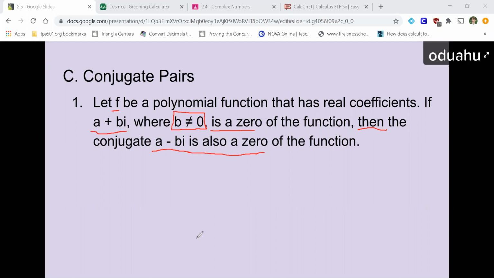The way we get those non-real zeros is by square rooting negative numbers. But every time you square root to solve a polynomial, you have to take the plus and minus square root, right? So what that means is that it's impossible to have just one non-real 0. That would mean you forgot to do the plus and minus square root.